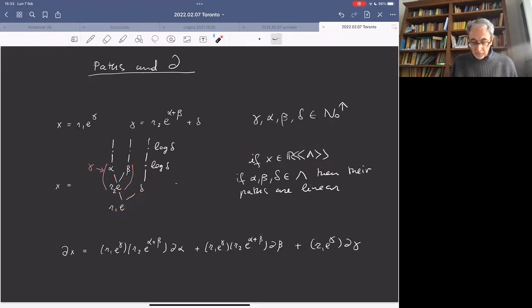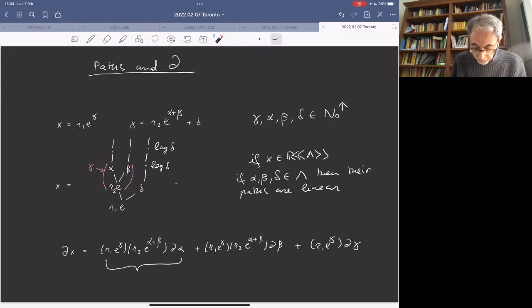And of course, the rules of the derivations, the fact that derivation commutes with exp and infinite sums, gives you that the derivative of X is necessarily given by a sum of terms, each corresponding to the path.